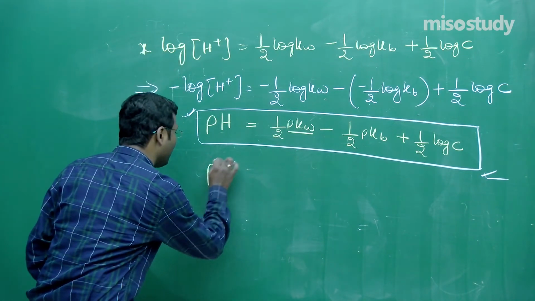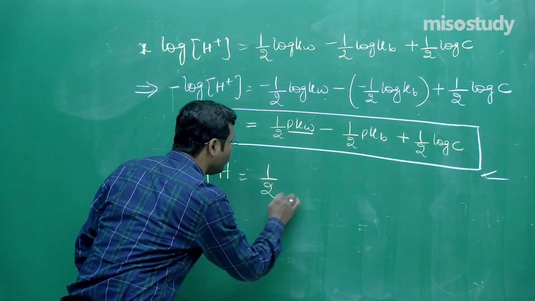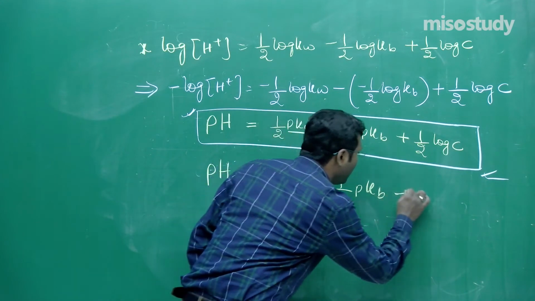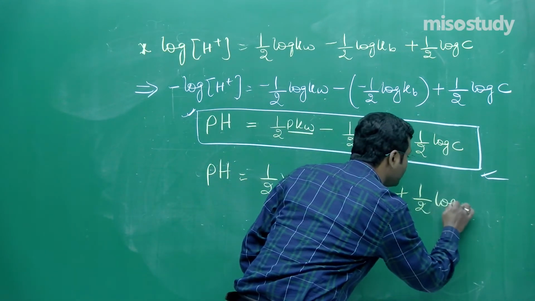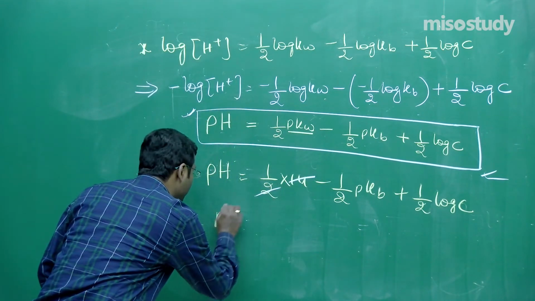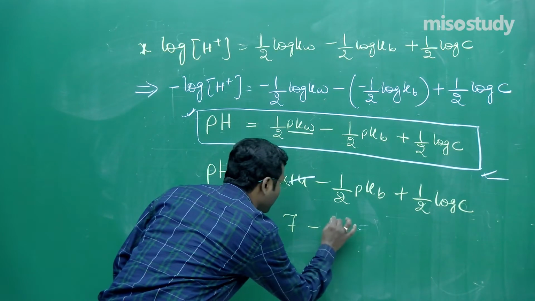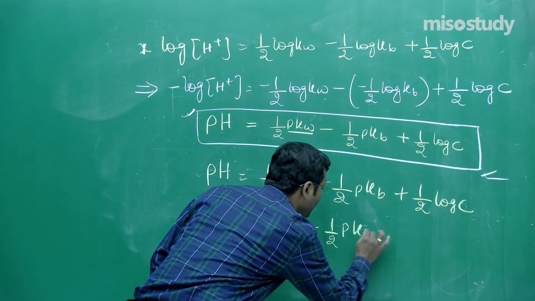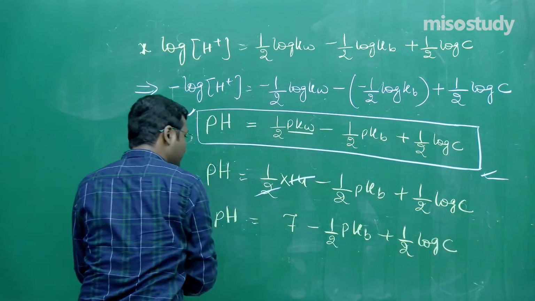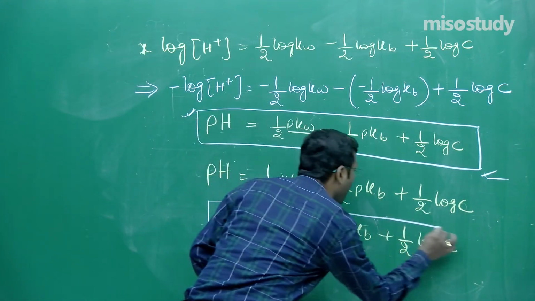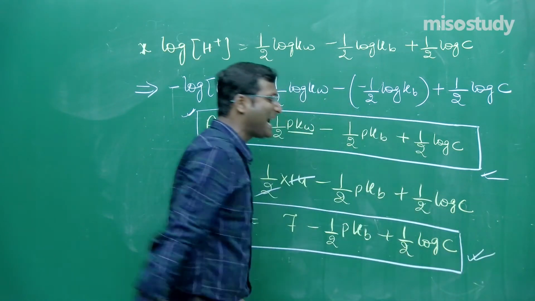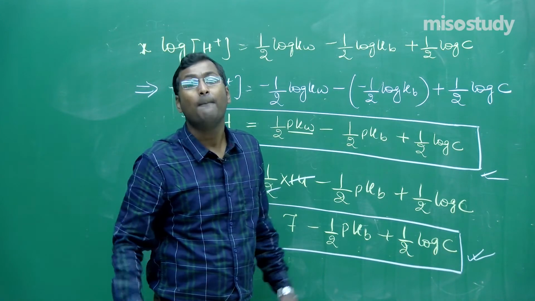So the expression for pH is 1 by 2 into 14 minus 1 by 2 pKb plus 1 by 2 log C. So the final expression is pH is equal to 7 minus 1 by 2 pKb plus 1 by 2 log C. This is the final expression of pH of a salt which comes from a strong acid and weak base.